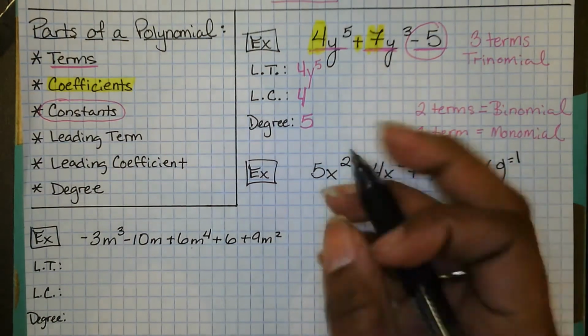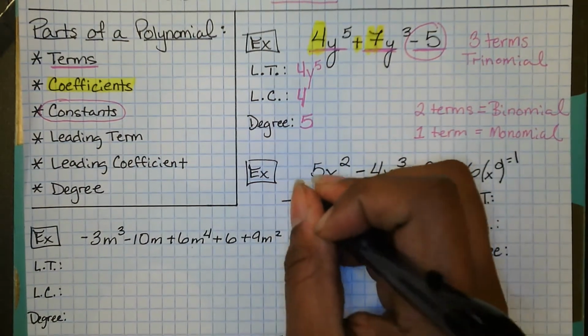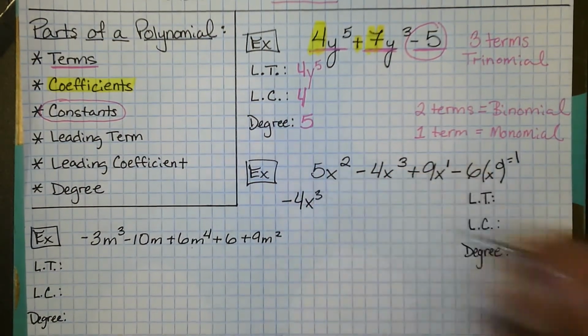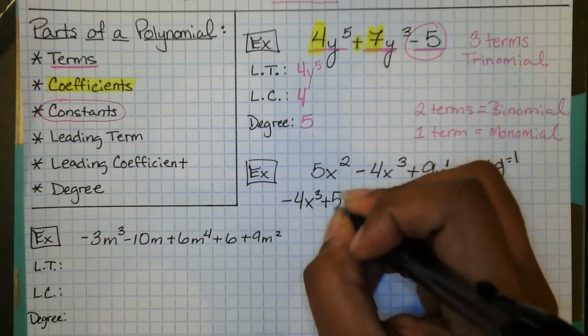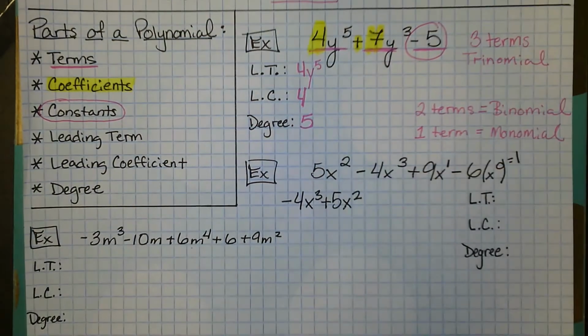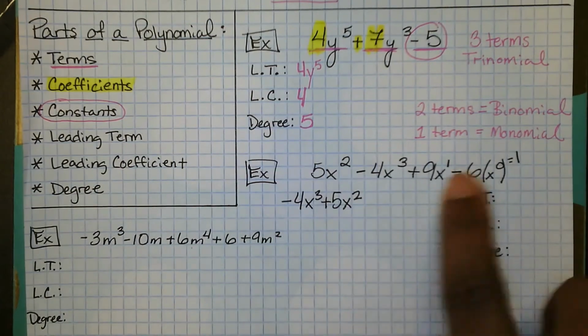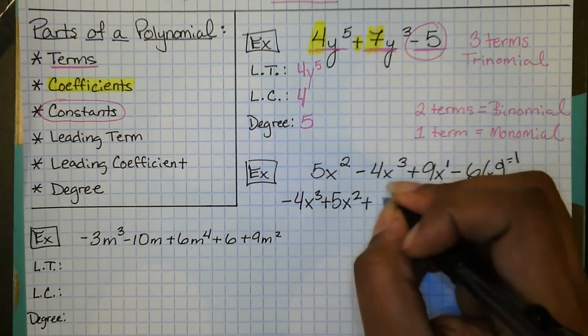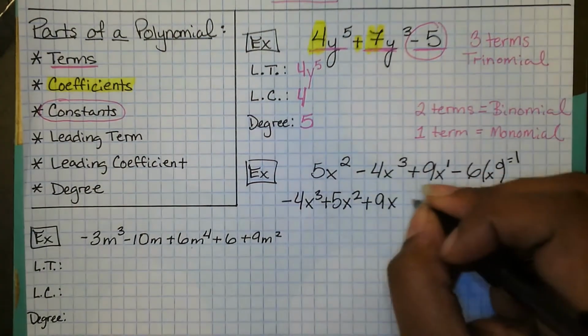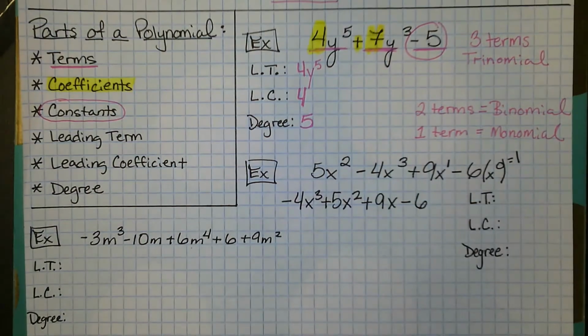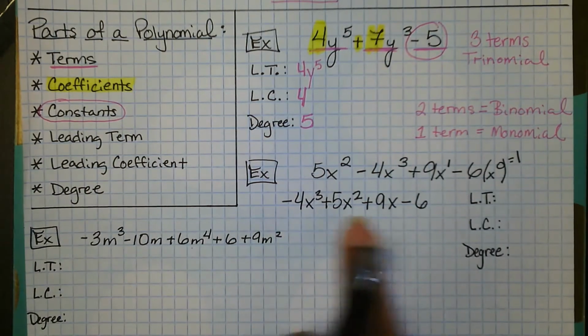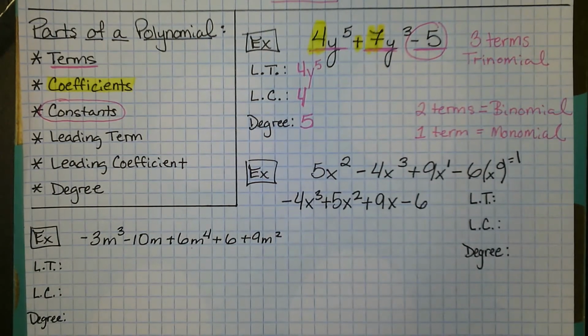So the term that should go first is the negative 4x cubed, plus 5x squared, because 3, 2, then 1, 9x. Then our constant should be last. So this is our polynomial in standard form.